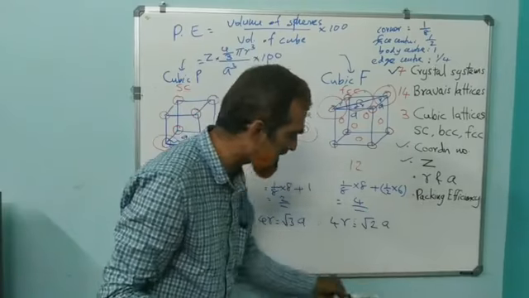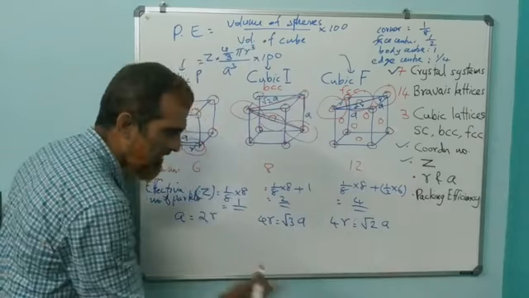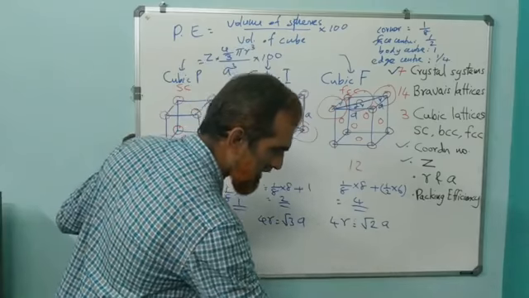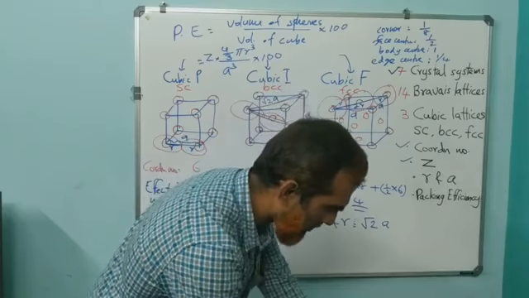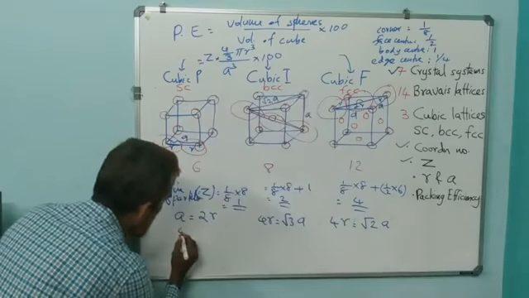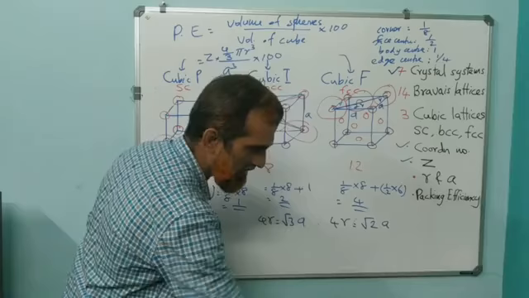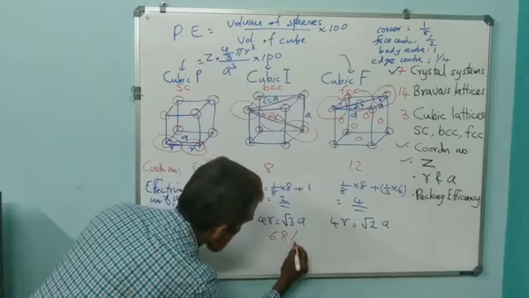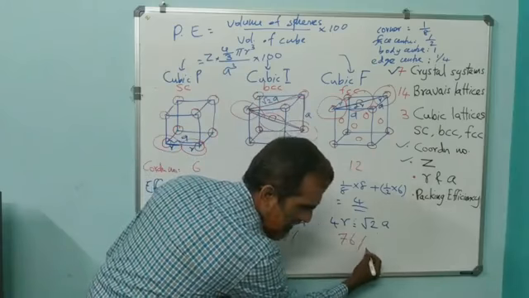I am just giving the answers and you have to work it out. The packing efficiency of the primitive cubic lattice is 52.3%. That of BCC is 68%, and that of FCC is the maximum, 74%.